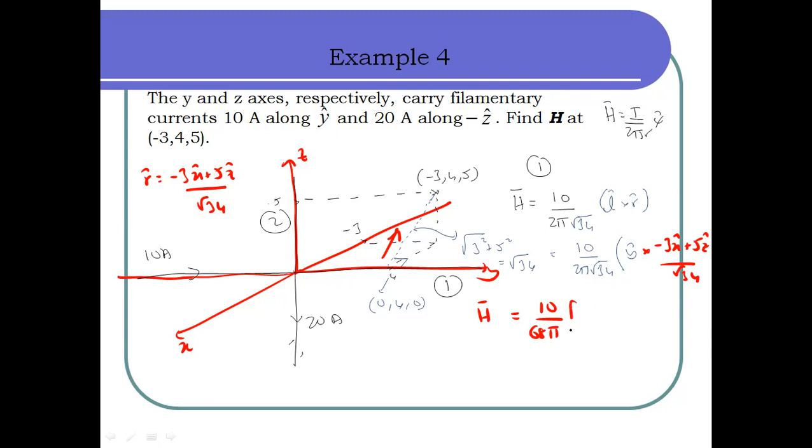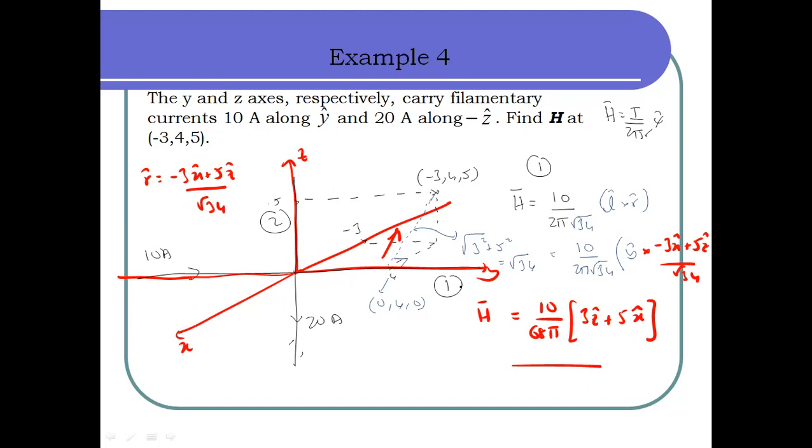Y cross negative x gives us 3 z, and y cross z gives us 5 x. So the H field due to filament number 1 is 10 over 68 pi in the direction of 3z plus 5x. That is the H field due to the first filament current.